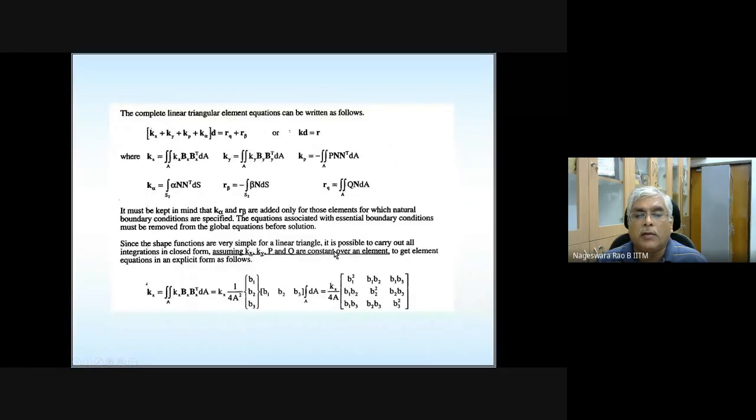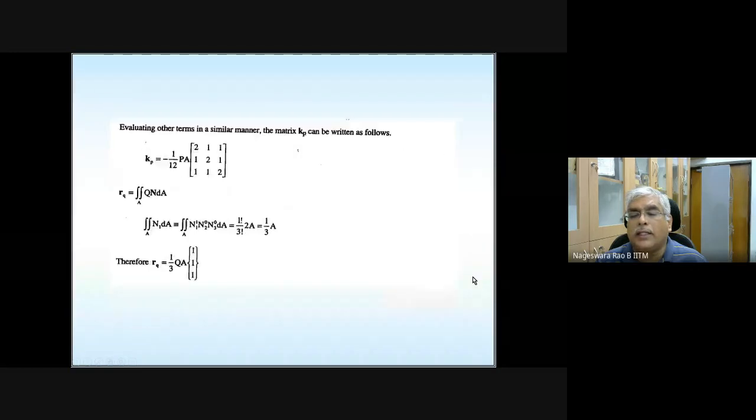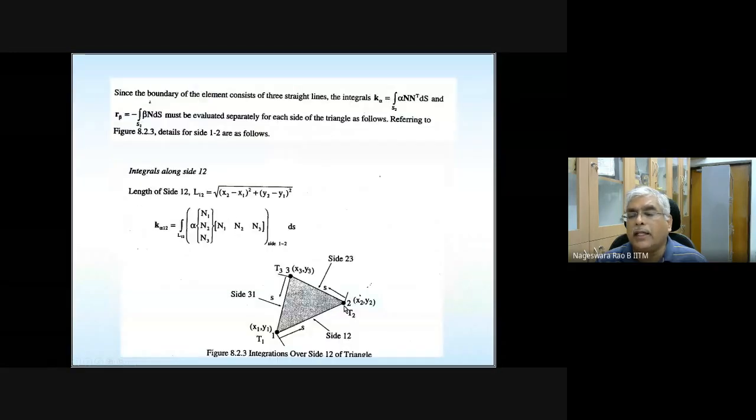Here, you are going to get these as line integrals. This one, K alpha R beta, you are going to have line integrals. And those line integrals have to be evaluated along the element boundaries. This gives you an explanation for how to evaluate these integrals along each of the element edges.